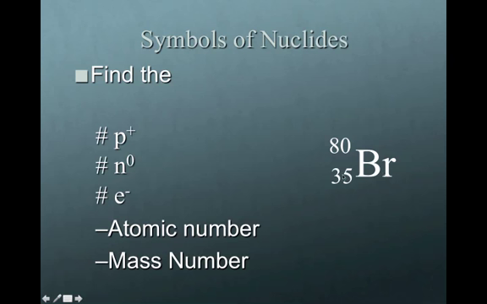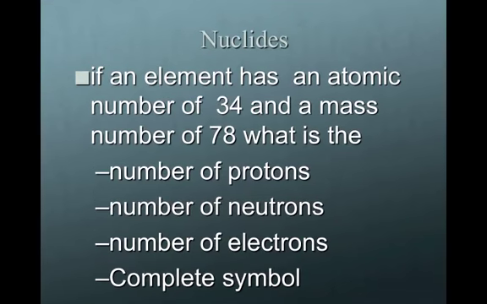We can go to the periodic table and simply look at the symbol and say bromine has 35 protons. 80 minus 35 is going to give us 45 neutrons. The number of electrons equals the number of protons, so we end up with 35 electrons. The atomic number is 35 because that equals the number of protons, and the mass number is 80.